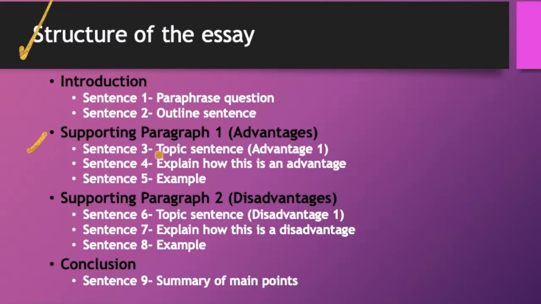Main body paragraph 1, which is a supporting paragraph also, you introduce the first point, that is the advantage, and you explain with supporting details and strengthen your views by giving examples. Similarly, in supporting paragraph 2, which is the main body paragraph 2, you introduce the disadvantages mentioned in the introduction and explain by giving details, supporting ideas with relevant examples, and explain how this is a disadvantage or how this is an advantage.